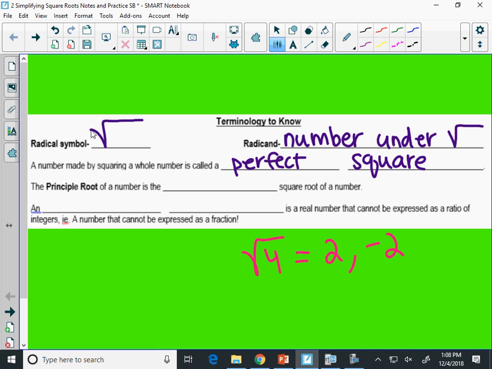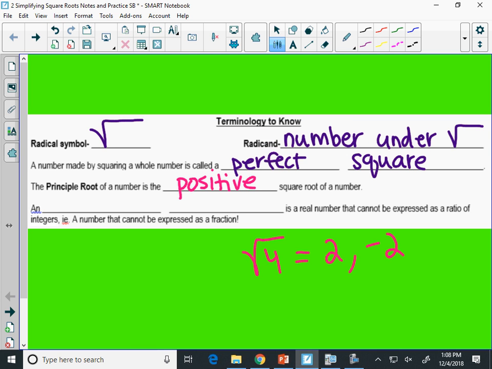Today we're only going to talk about what's called the principal root, which is the positive square root. Starting tomorrow, when we do quadratic formula, when we do completing the square, we will look at the positive and negative answers of square roots. But today we're only dealing with the principal, the positive one.